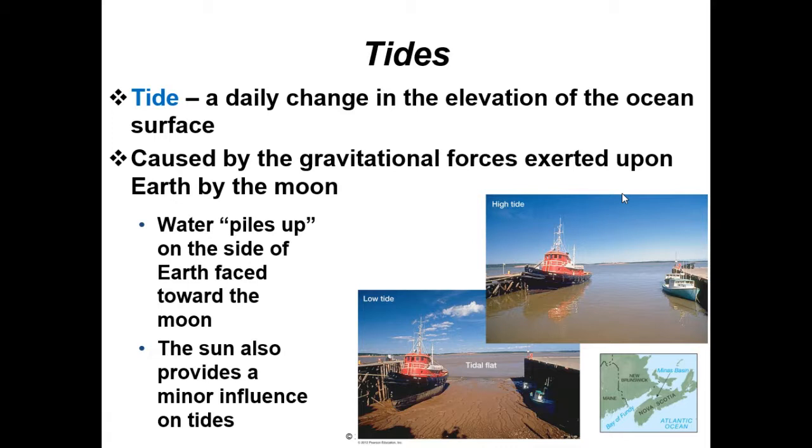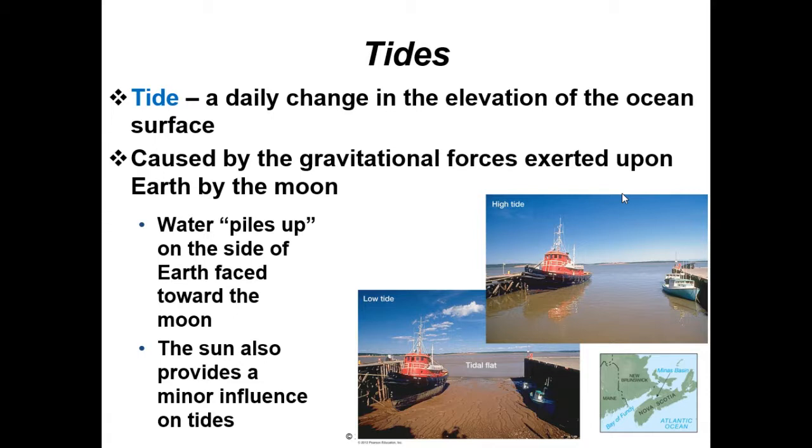That means all water on Earth, even the water in your faucet as it's coming out, is literally bulging or piling up slightly in the direction toward the moon and the direction that's completely opposite of the moon.